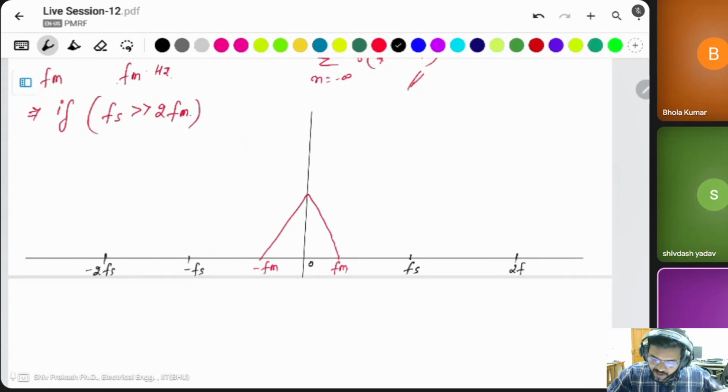Then one sample is at 0, another sample is at Fs, another sample is here. This is the impulse train. Then this signal is shifted, same thing at Fs also.